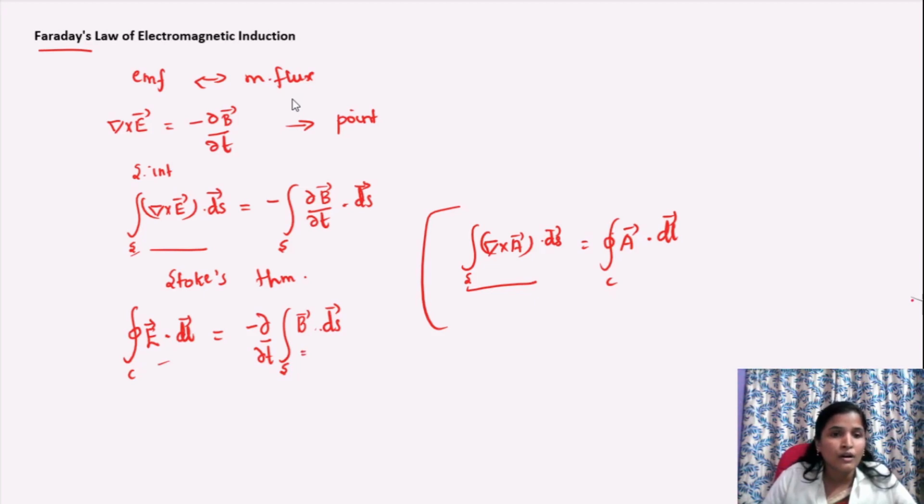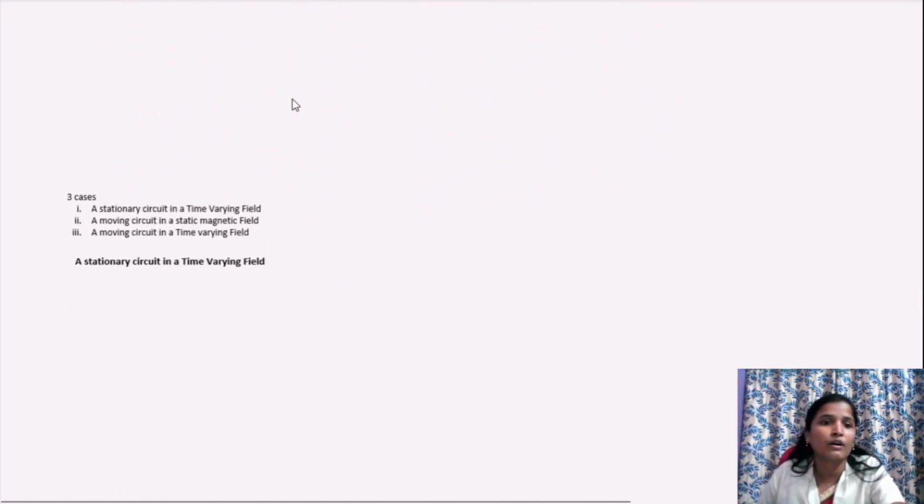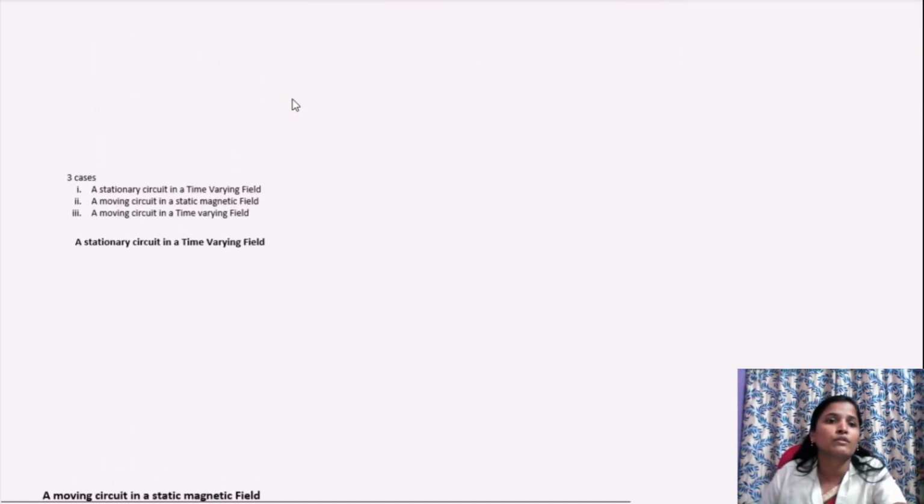So as Faraday says, when we change the magnetic flux, some current will be induced. So there are three cases to examine. The first case is a stationary circuit in a time varying field. That means we assume a circuit that we place in the time varying magnetic field.